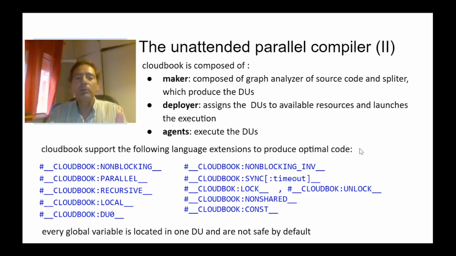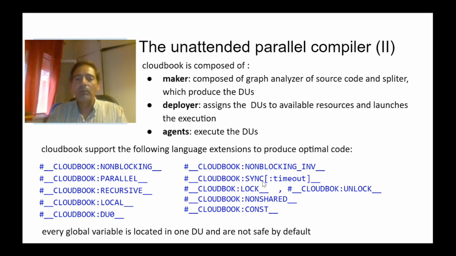For example, Cloudbook parallel is a pragma that converts a function into a parallel function. So this function will be deployed in all the machines, in all deployable units. With the pragma Cloudbook sync, if you invoke a parallel function on a lot of machines, you can wait for the termination of all these parallel functions.